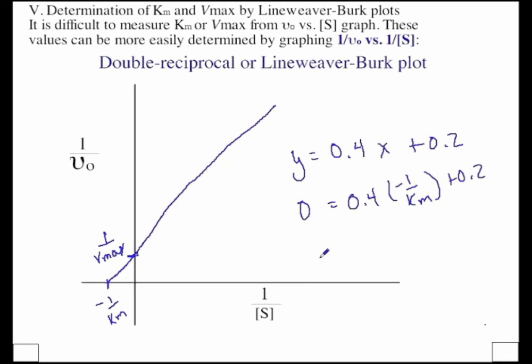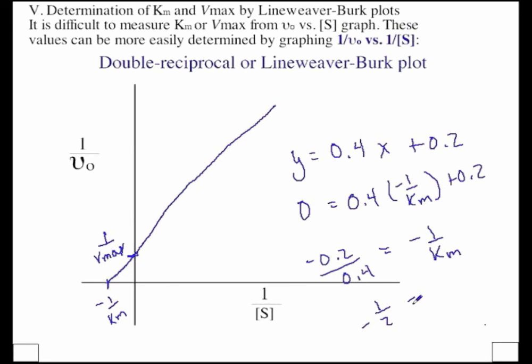So subtracting, we'd have negative 0.2 divided by 0.4 equals negative 1 over Km. Okay, excellent. So basically this is negative 1/2, which is equal to negative 1 over Km, or Km is equal to 2.